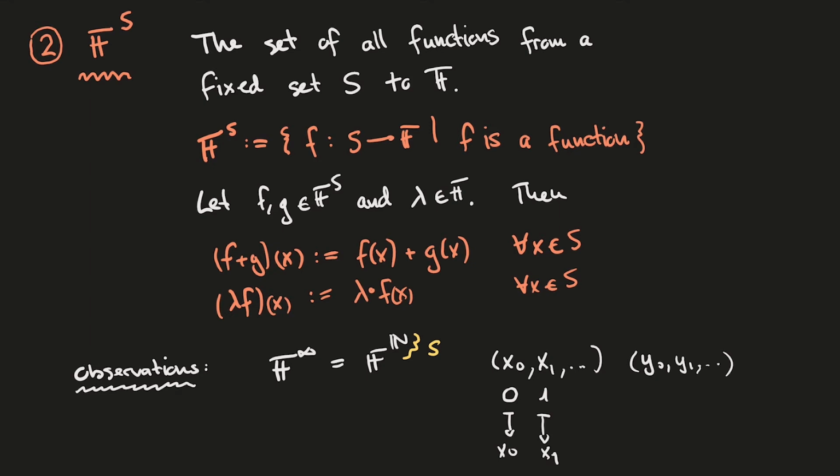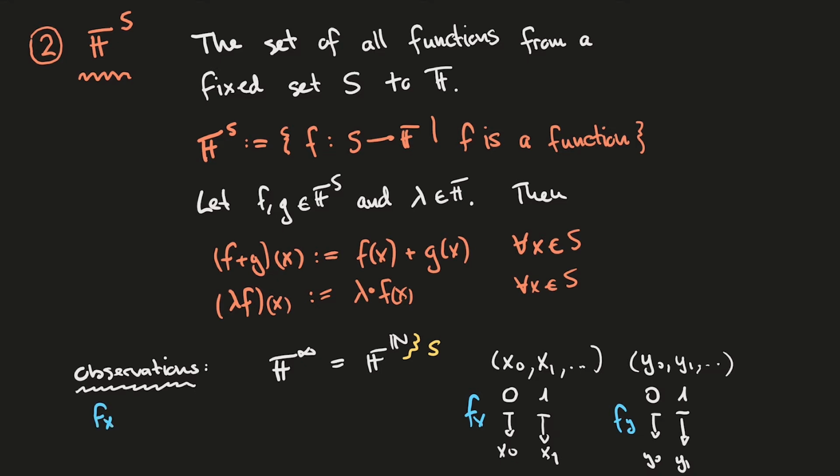So the natural number 0 would be mapped to x0, the natural number 1 would be mapped to x1, and in the case of the second sequence, the natural number 0 would be mapped to y0, and the natural number 1 would be mapped to y1. So we could now call the functions here that are induced by the sequences, for example, f_x, and the other one f_y.